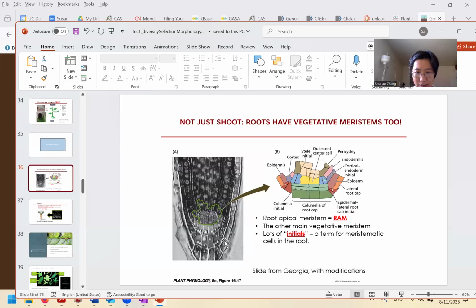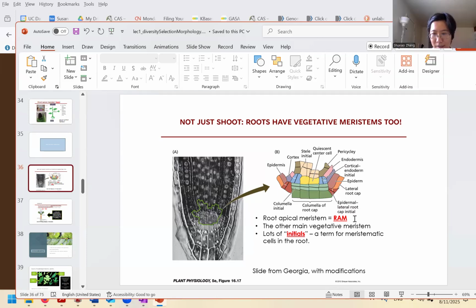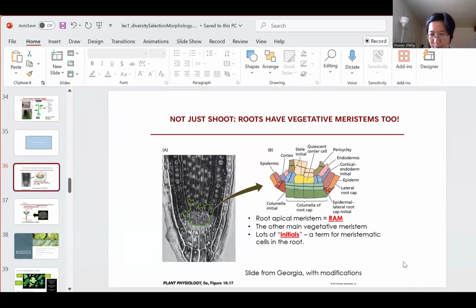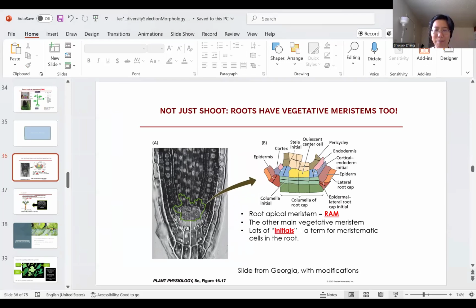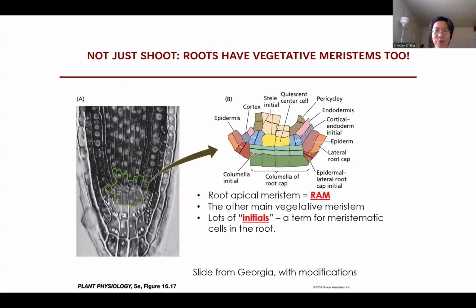But for now, let's go back to the lecture where we have previously discussed the shoot apical meristem. And now we can talk about the root apical meristem, because yes, there are meristem populations specific to the root too. For the root, what is really interesting is that it is really easy to trace the specific cell lineages, because everything is arranged in perfect columns growing from the root tip upward.